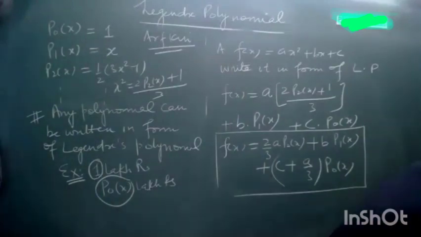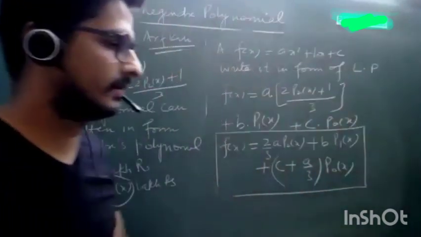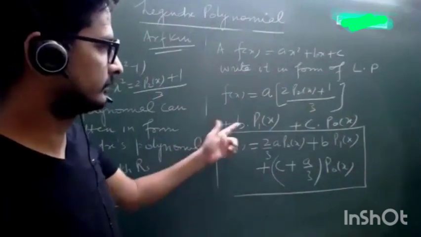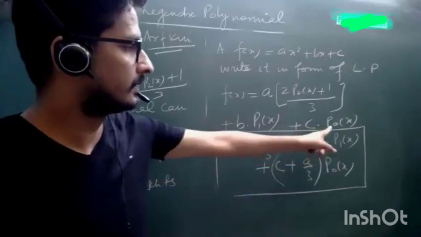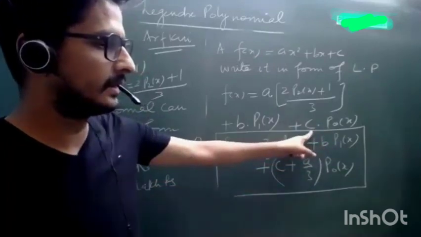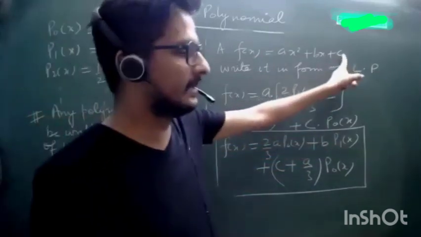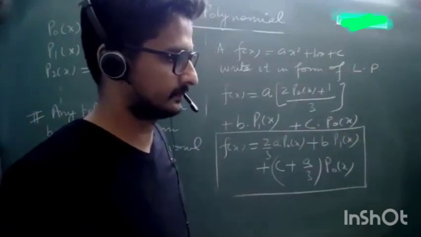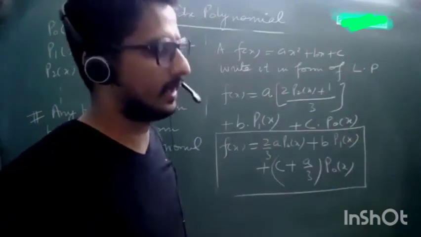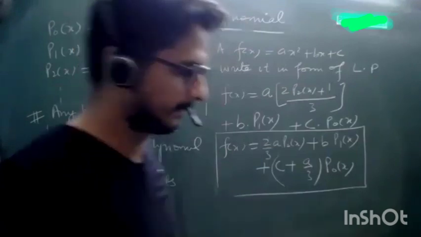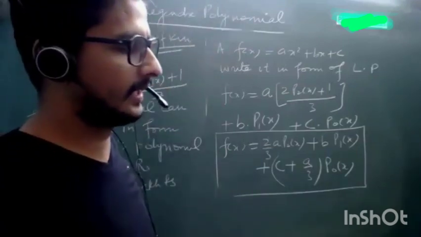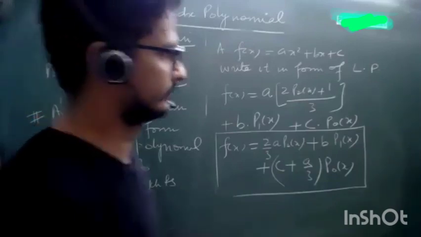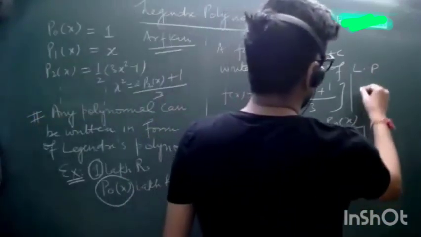Hello, Venkat. Tell, Venkat. What? In f of x, the answer c plus a by 3, how? I couldn't understand. See, if it is only c, you can write c into P0 or not? How can you write it?